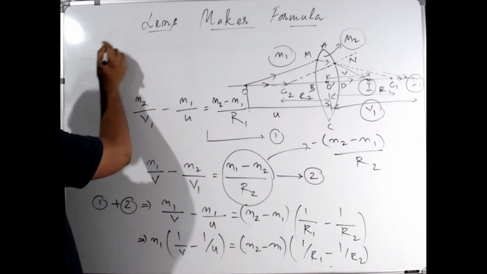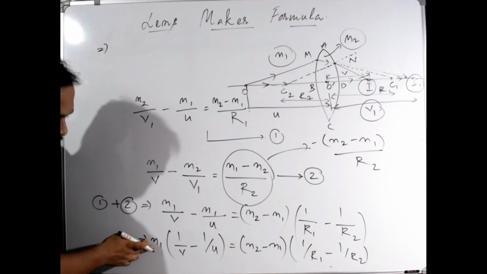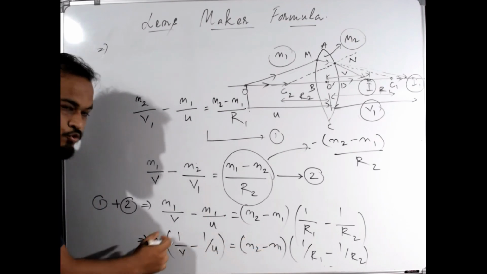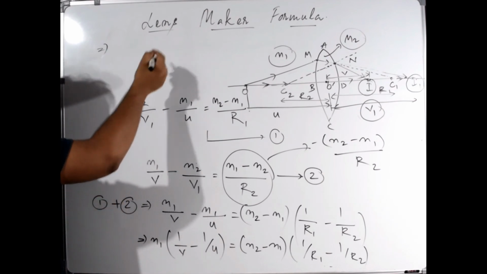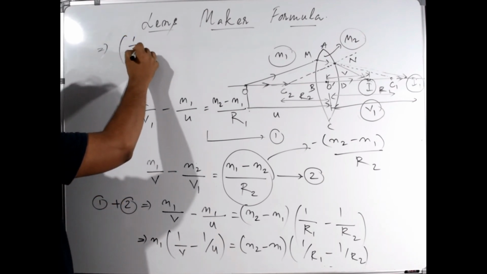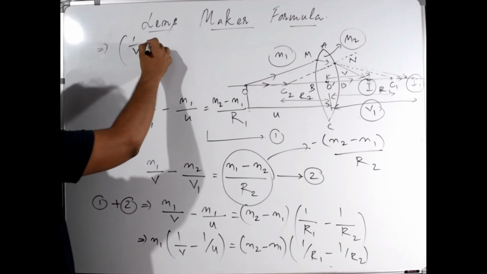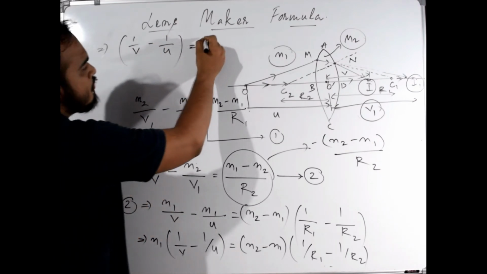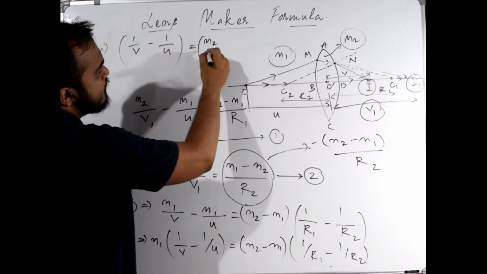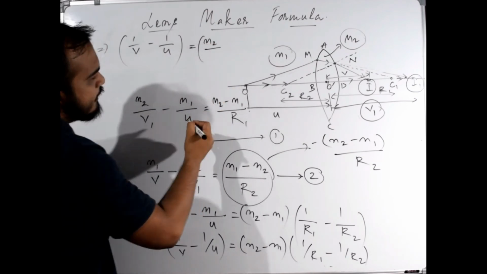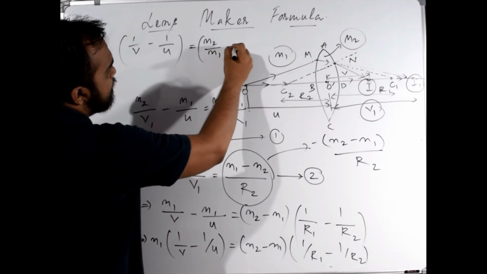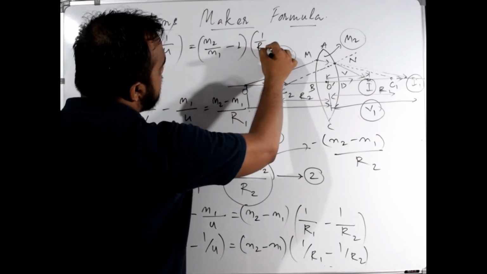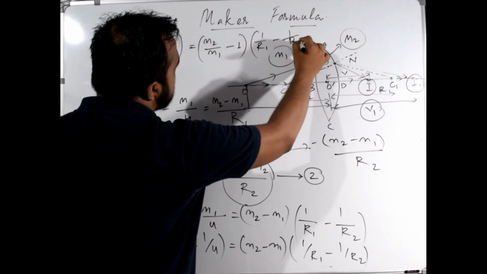So now let us take this term to the right hand side. So what will we get? 1 by V minus 1 by U is equal to N2 divided by N1 minus 1 into 1 by R1 minus 1 by R2.